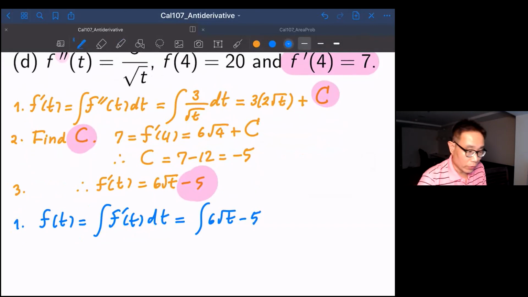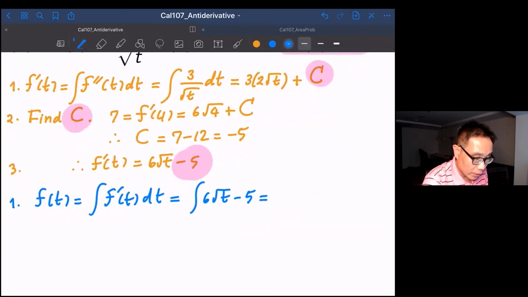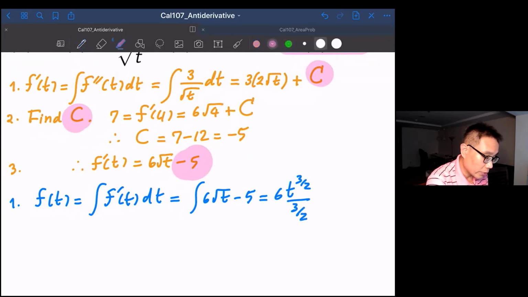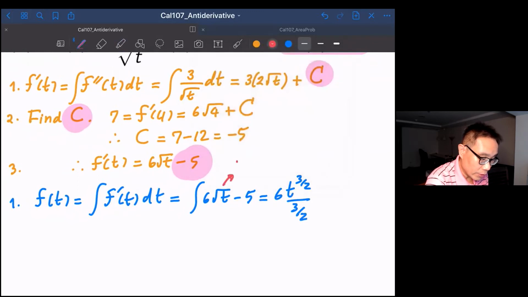It's going to be 6 t to the 3 halves over 3 halves, because this term is t to the 1 half, and you're going to add c.